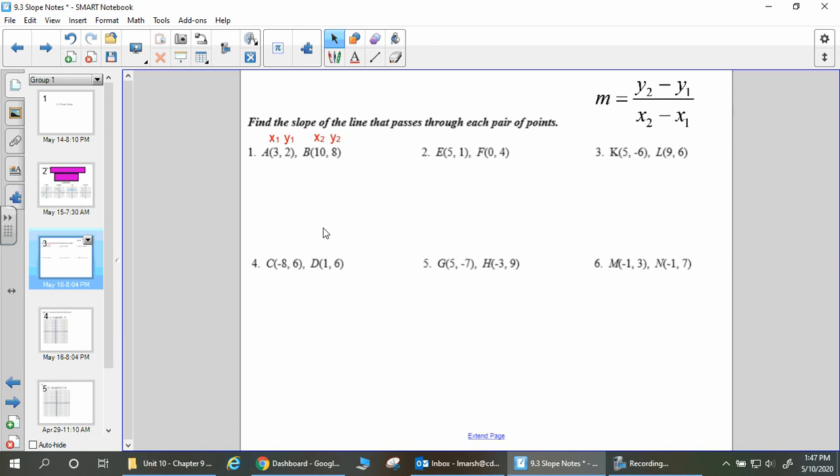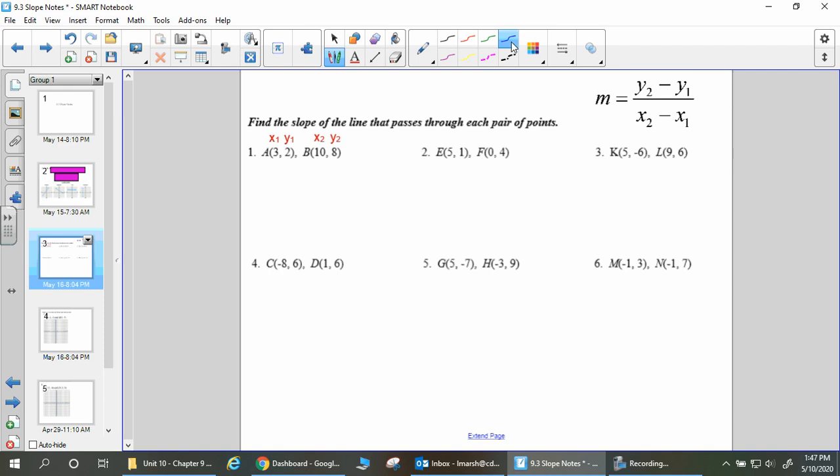Are you using the first ordered pair or the second ordered pair? It is about filling those values in. You'll perform the subtraction that the formula says, and then it is going to be a fraction. So we do want to simplify or reduce that fraction as far as possible, if we can, okay?